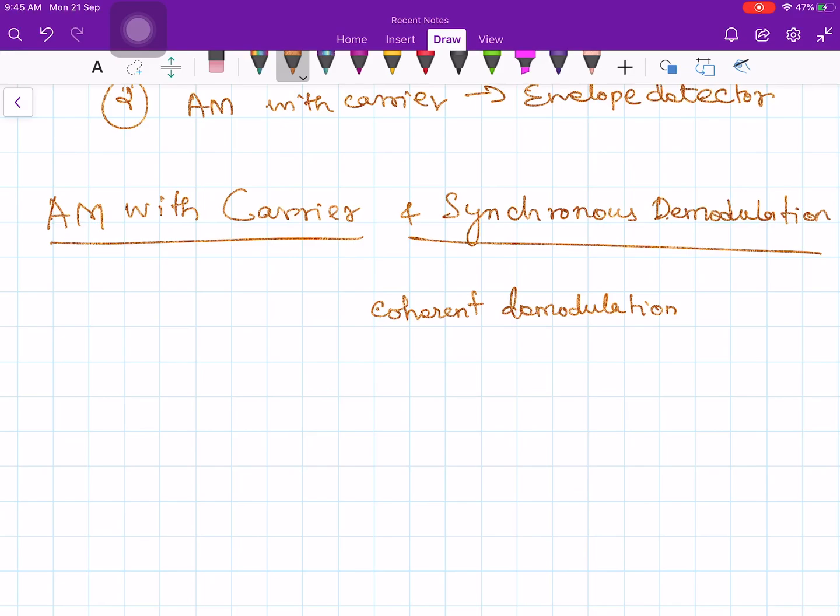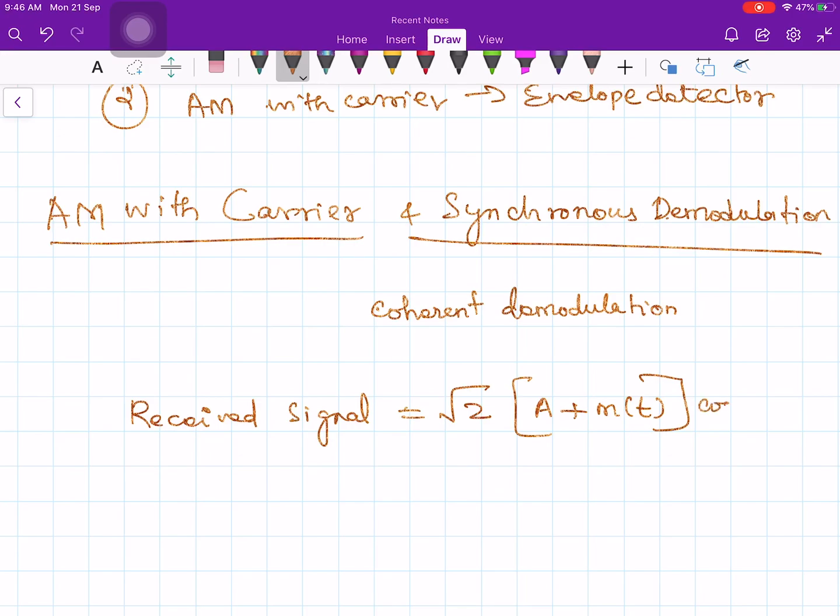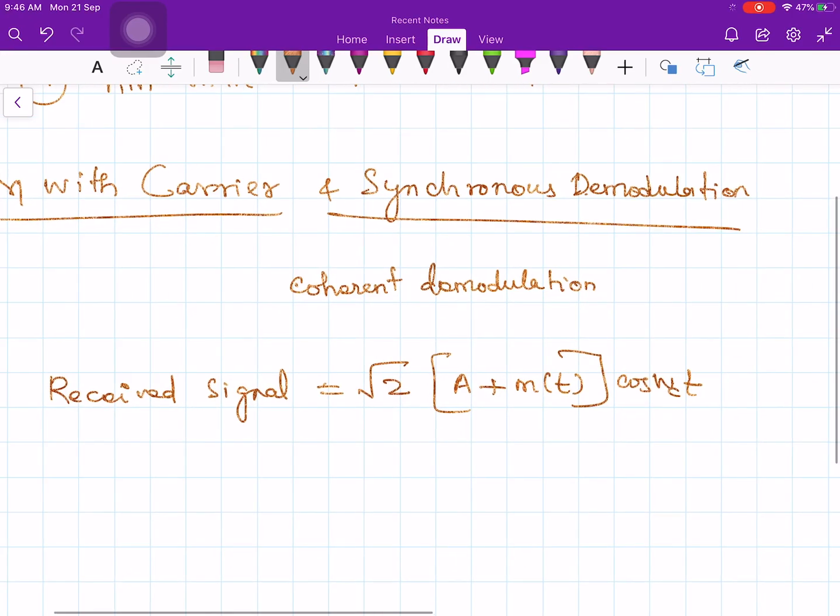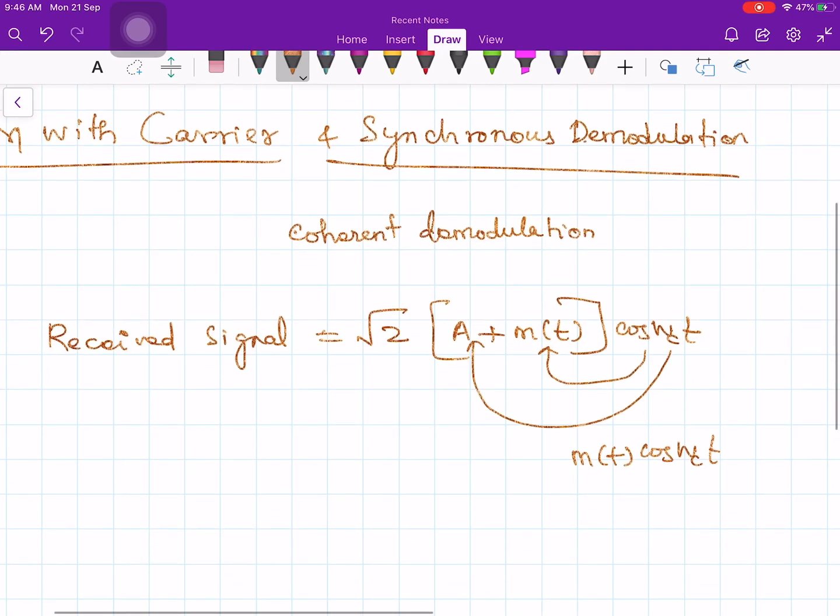Okay, so my received signal is going to be √2 times (A plus m of t) times cos omega c t. If you multiply this cos omega c t inside, then you will get DSB-SC, and if you put it here, then you will get carrier. See, if you multiply m of t times cos omega c t, what is this? This is the modulated signal.